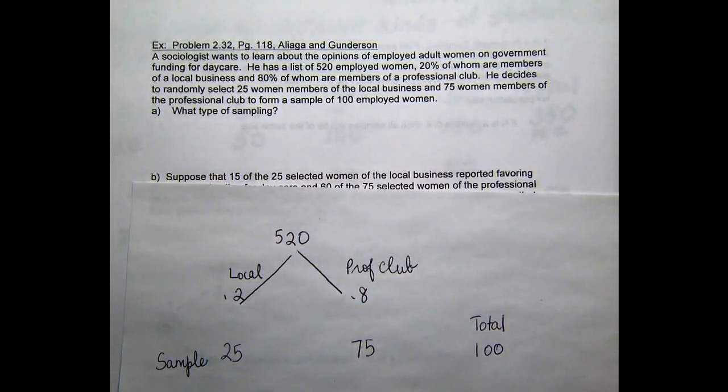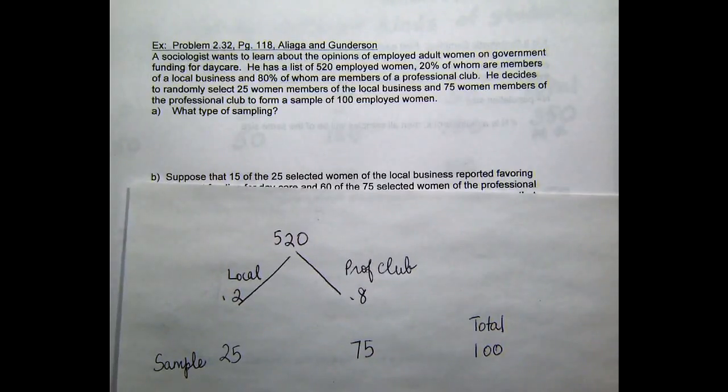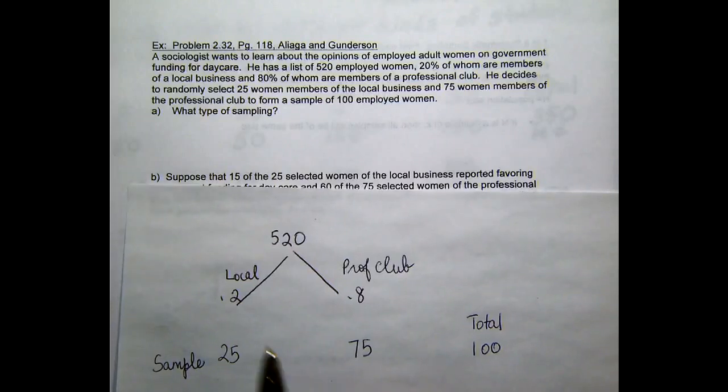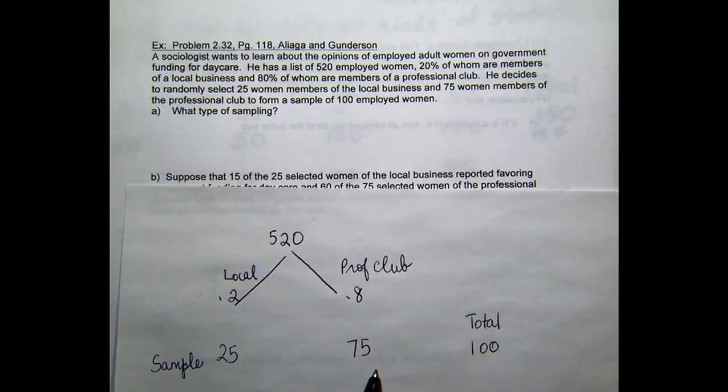Employed women. What type of sampling? Obviously it's stratified, but what they're asking is proportionate or disproportionate allocation. What do you think? In the original population, local to professional is a 1:4 ratio, correct? And this is a 1:3 ratio. So it has to be disproportionate.